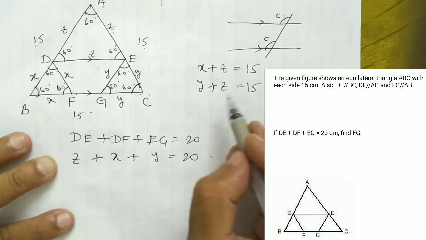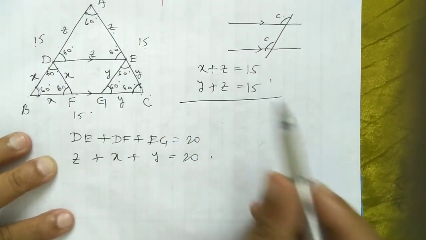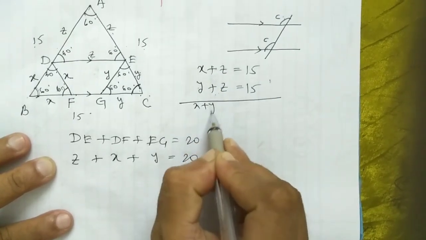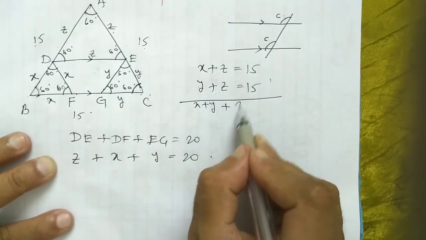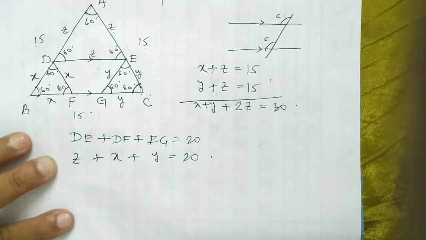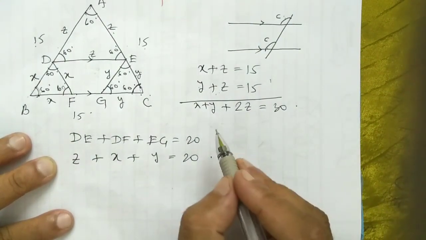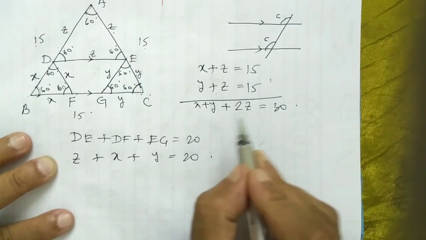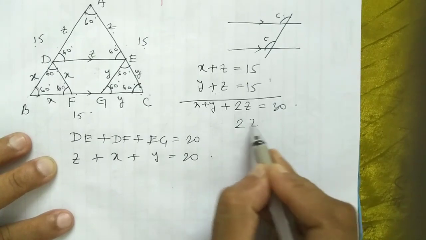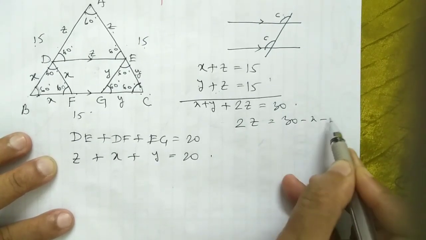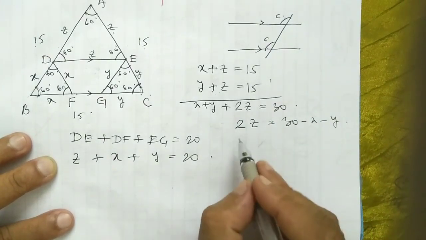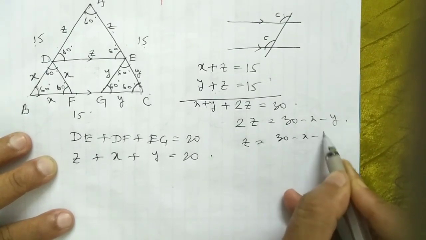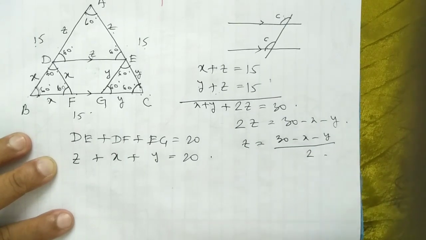So now let us see what we can do from here. We are adding these two. So x plus y plus z plus z, 2z equal to 30. Fine. So let us find z. So 2z equal to 30 minus x minus y. Okay. So z equal to (30 minus x minus y) by 2.